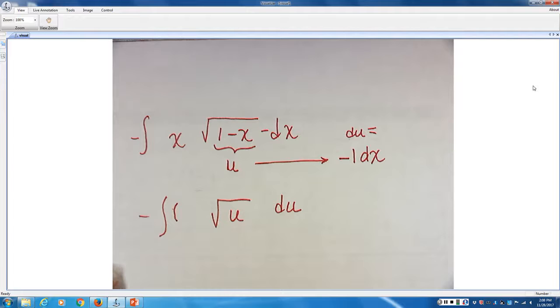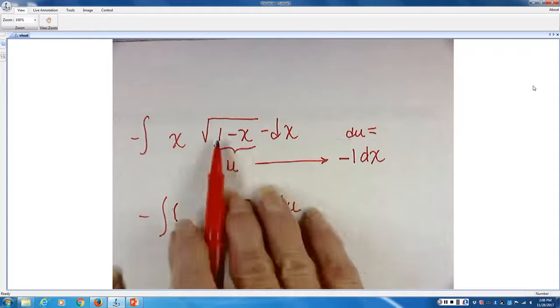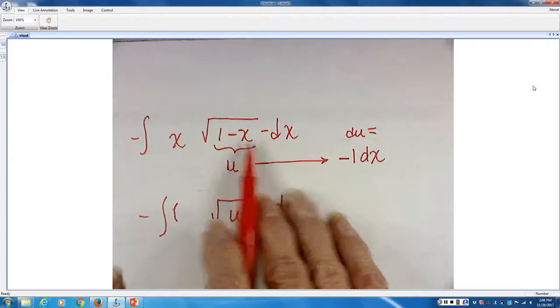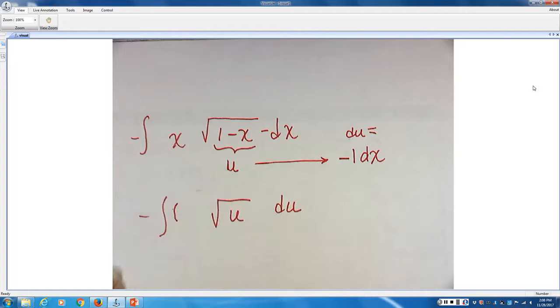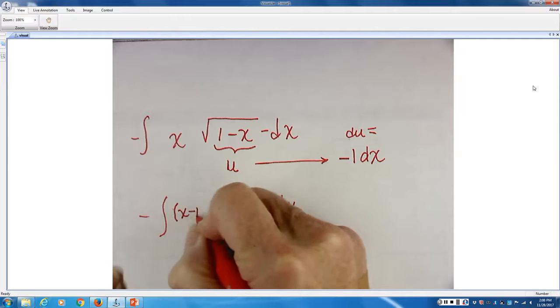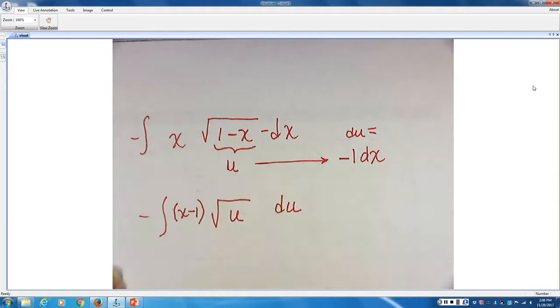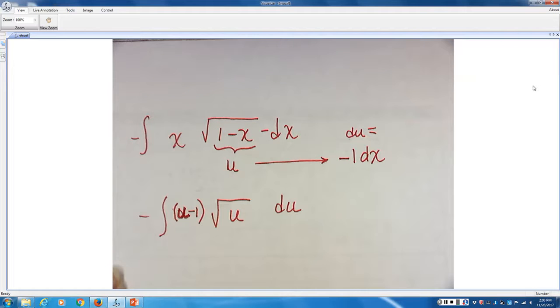Or maybe, actually better if we turned it around, we said it was u minus 1, because u is 1 minus x, and this has the opposite sign. So maybe we need to call it x minus 1. Which meant, well, not x minus 1, it's actually u minus 1. X is equal to u minus 1.